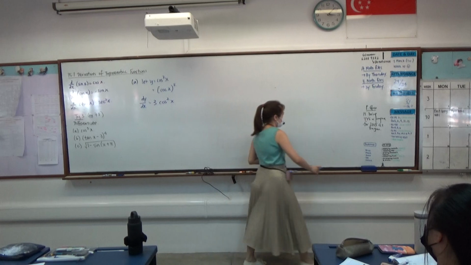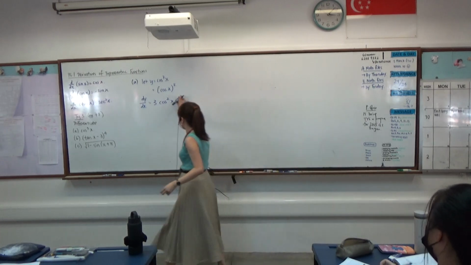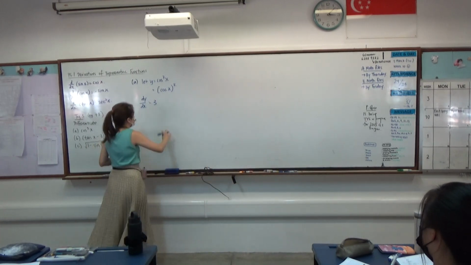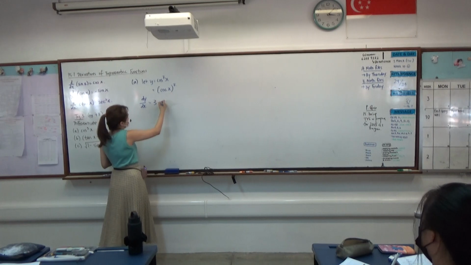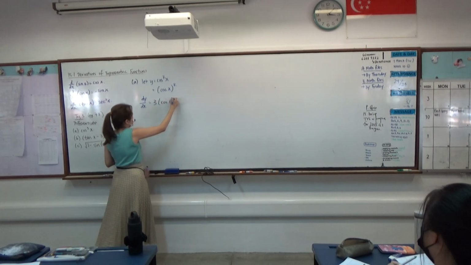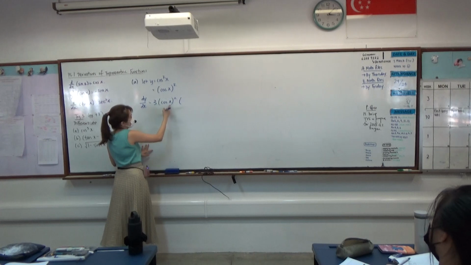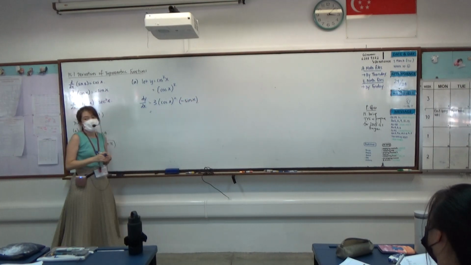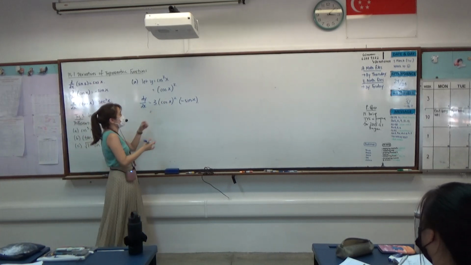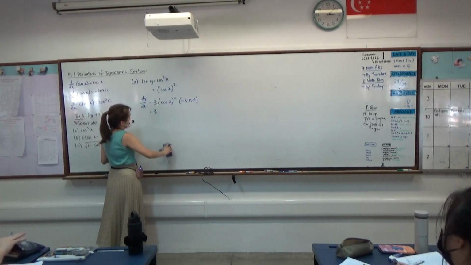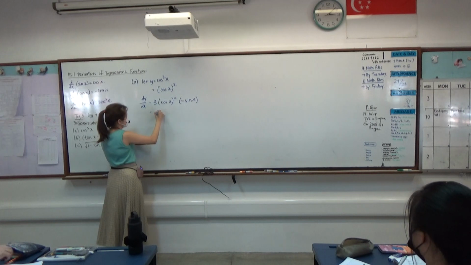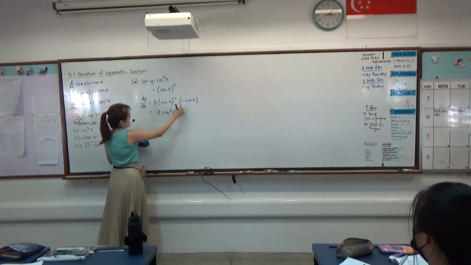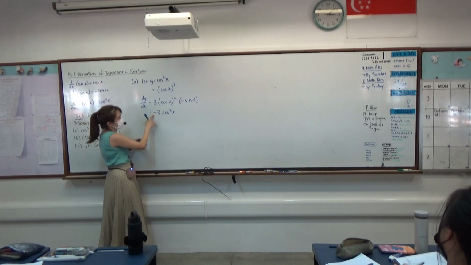So if I were to go through the very strict working, bring down the power, I will get 3 cosine x squared. Differentiate the insides of the brackets, I get negative sine x. But we know that cosine x bracket square is as good as writing cosine square x. Since there's a negative sign there, I bring it out to the front.